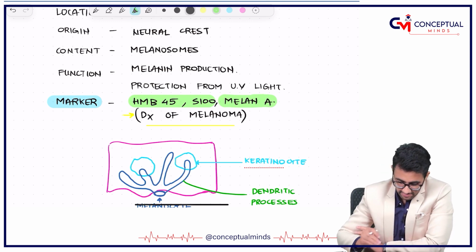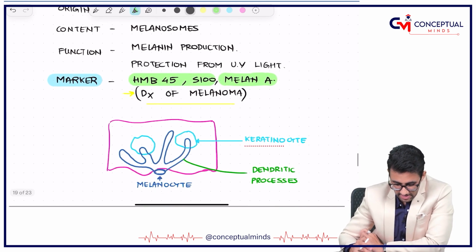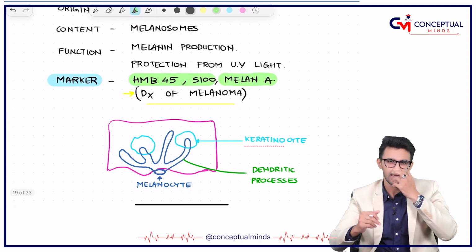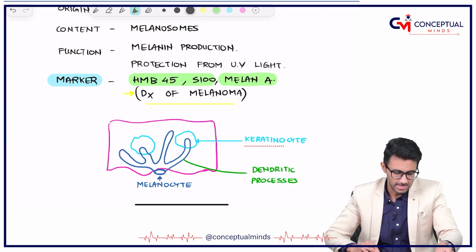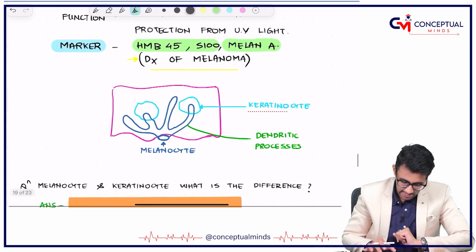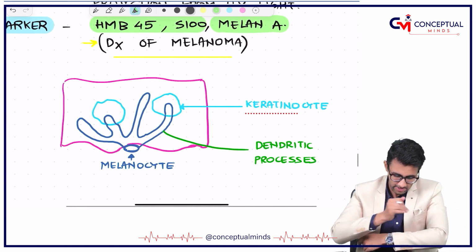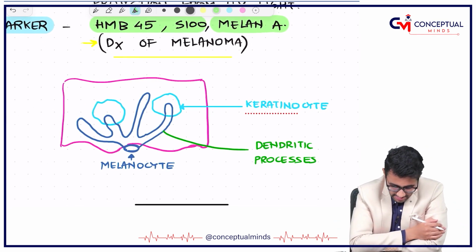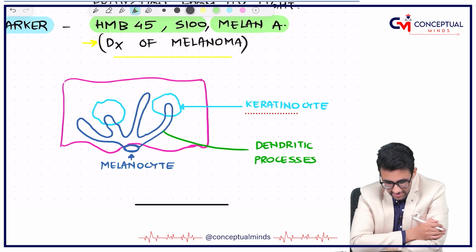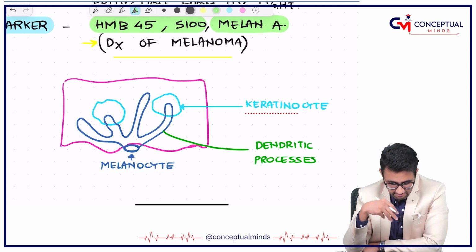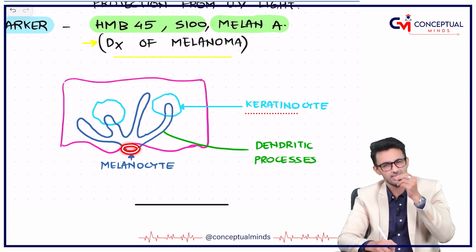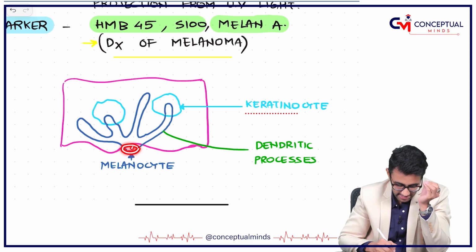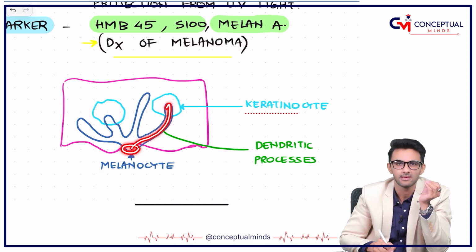Okay, and now let us see how the melanocyte works. There's one good question ahead, so let us see. In this diagram, this is the melanocyte, and over here is where the cells are. The cell is making something, and then the cell is transporting something.